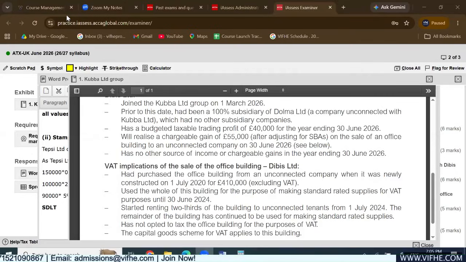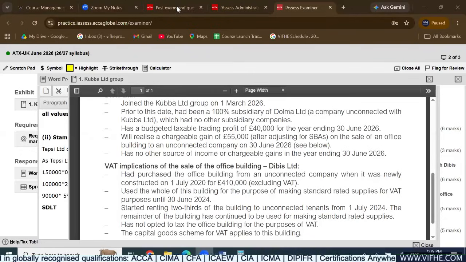So that would mean that by the time the building was sold, it is considered as a complete exempt disposal.